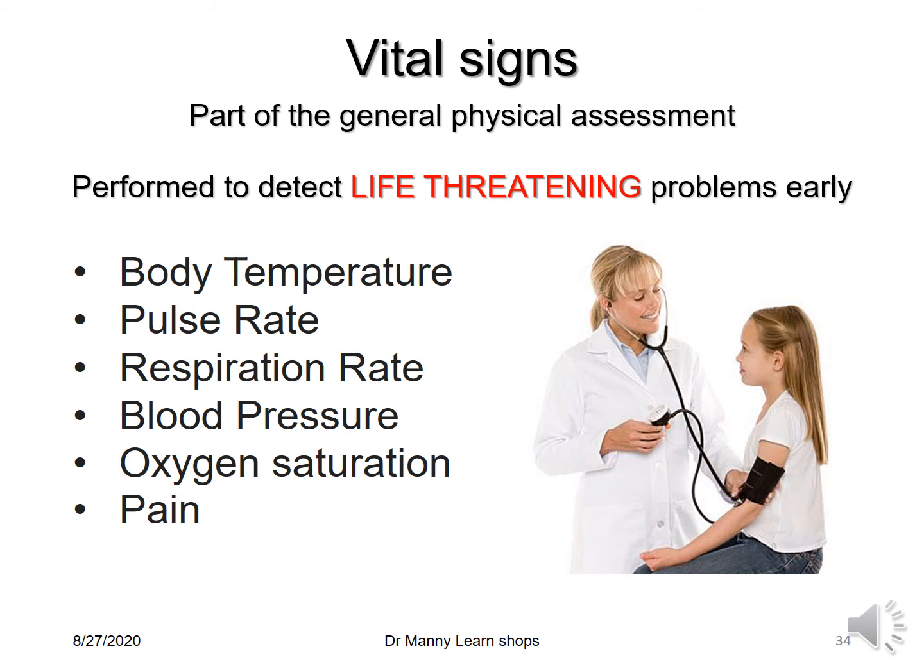So when you take their body temperature, you're taking that to determine hypothermia, normothermia, or hyperthermia. Fever or no fever. When you take a pulse rate, you're taking a pulse or heart rate to determine normocardia, tachycardia, bradycardia, asystole.